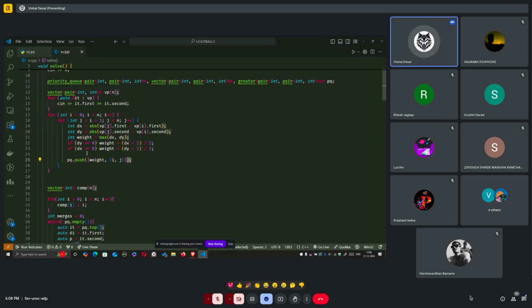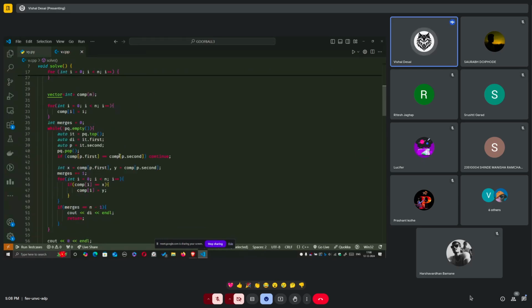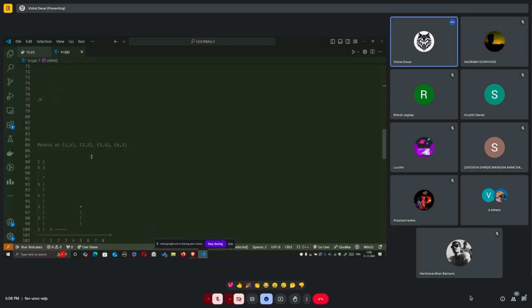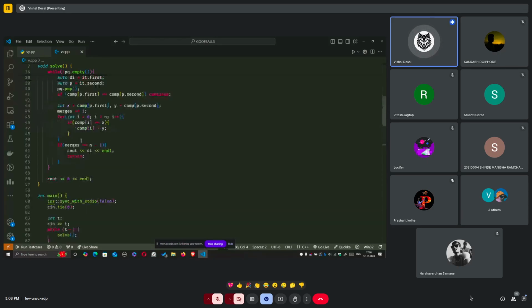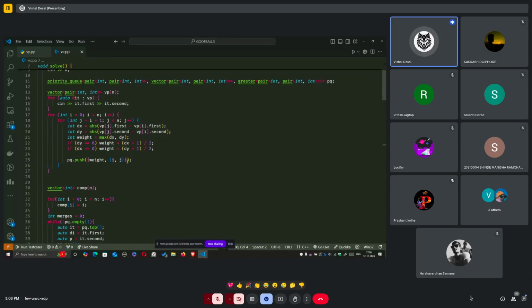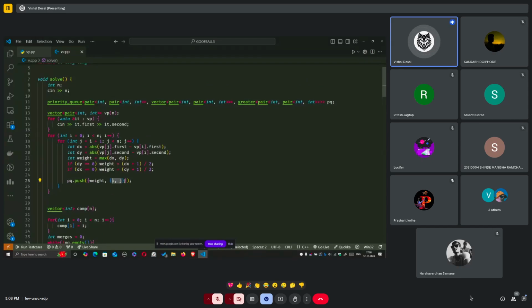So what I do is basically push the weight, that is the distance we have to traverse or the time required, and the coordinates, that is the points. For the points I have just pushed the indexes, like 0, 1, 1, 2, 1, 3. I have not pushed the points. I will just refer to the indexes. Okay.